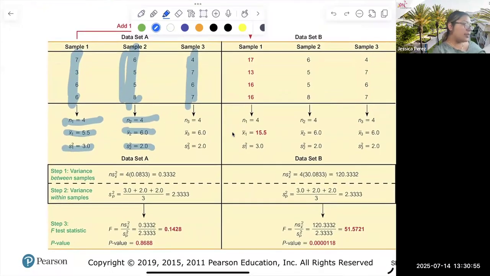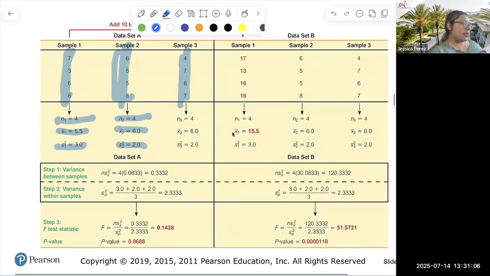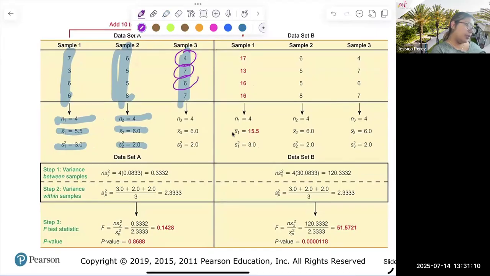Sample 2 also has 4 values. The sample mean for the second sample is 6 and the sample variance is 2. Now, sample 3, so we look at them independently: 1, 2, 3, 4, that corresponds to 4 values. We look at the mean, so add and divide by 4, and we get 6. And we calculate the variance of the third sample, which is 2.